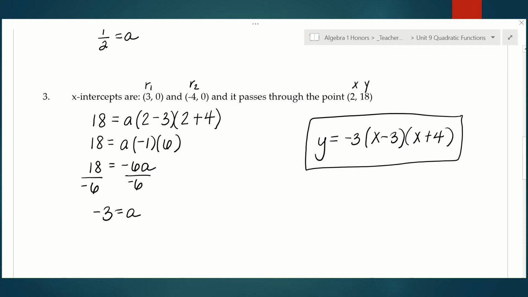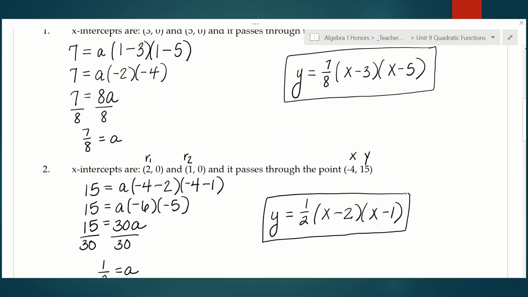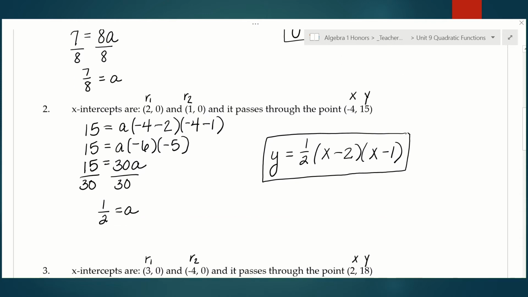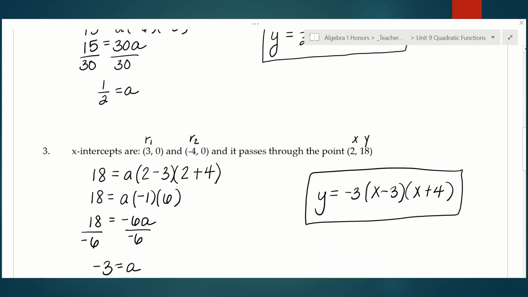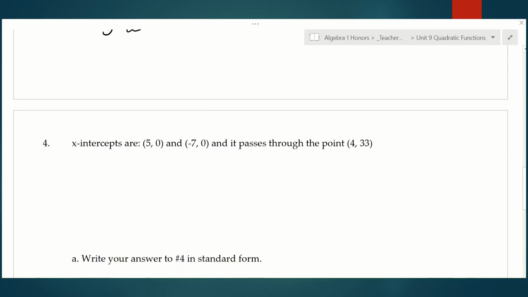Okay, so just looking at that really quick, remember, because that a term was negative, it means that our parabola is opening downward. Okay, where if you look at numbers 1 and 2, both of those a values are positive, so those were opening upward. All right, let's go to number 4.